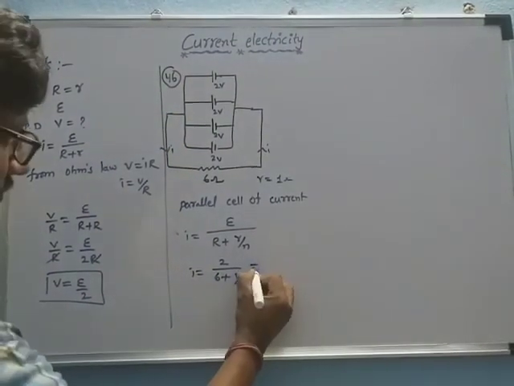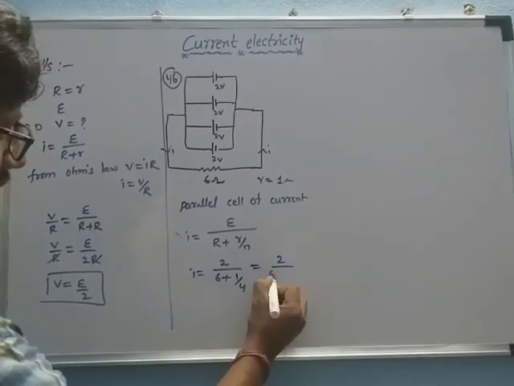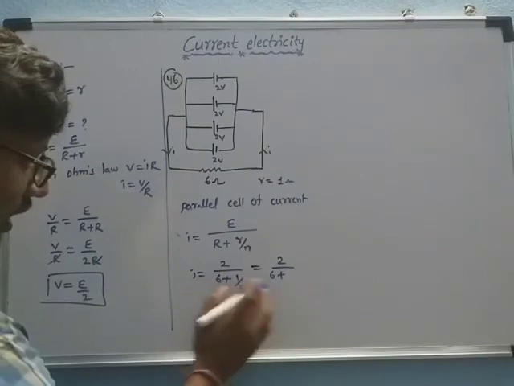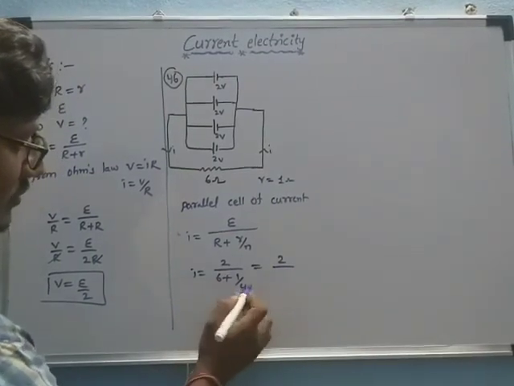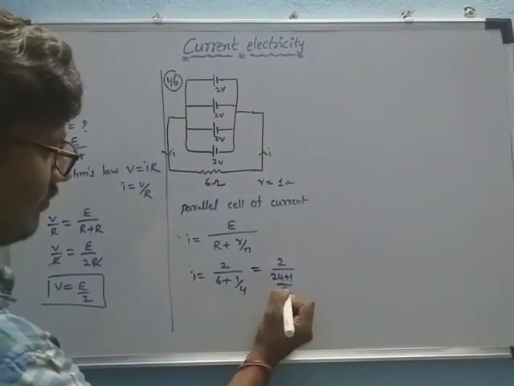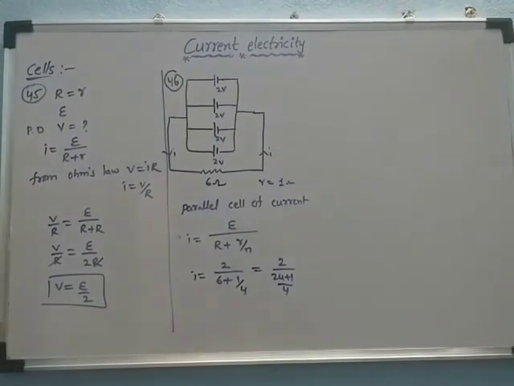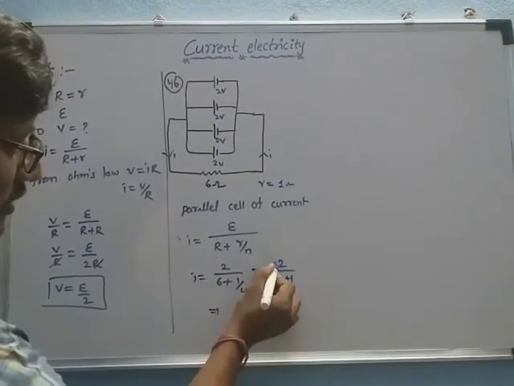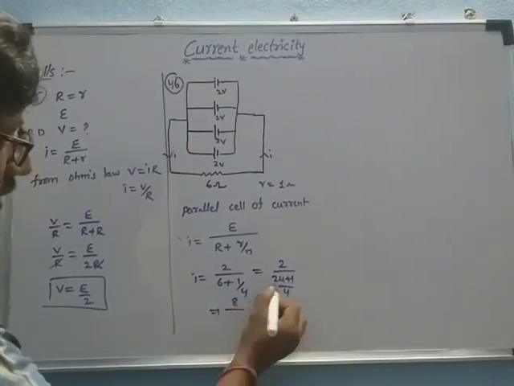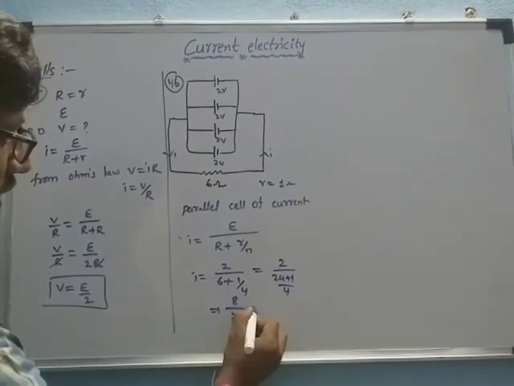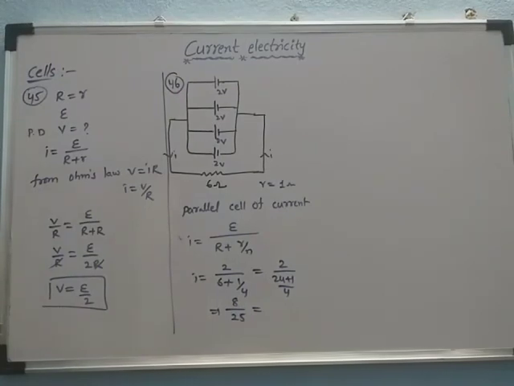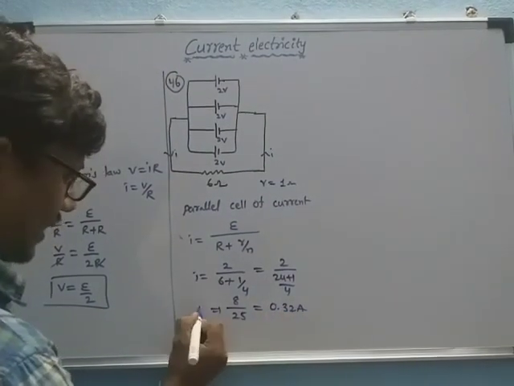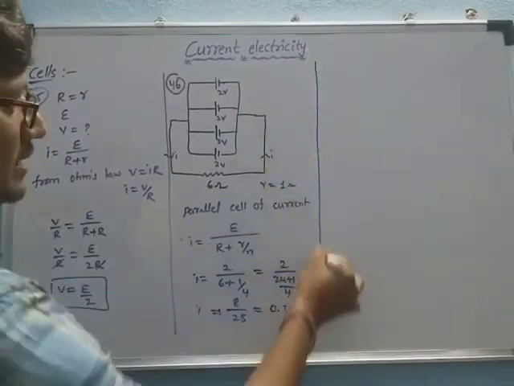Take the LCM: 2 by 6 plus 1 by 4, that is 24 plus 1 by 4. The numerator is 2 into 4, 8, divided by 24 plus 1, 25. Then we have the calculation. This gives 0.32 ampere of current flowing in the circuit.